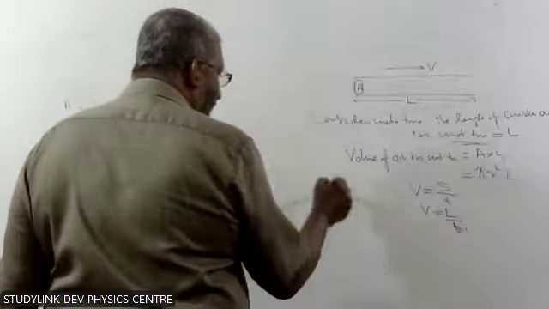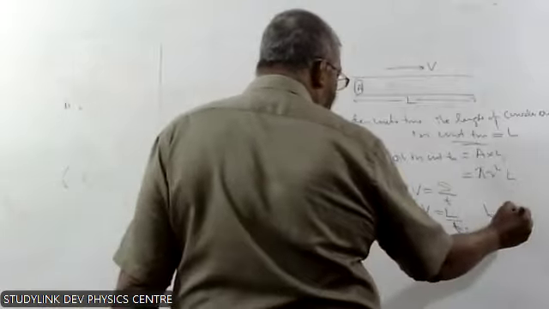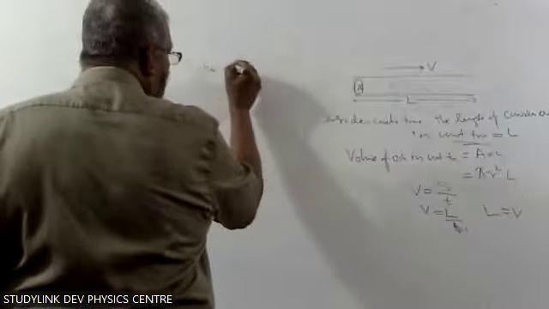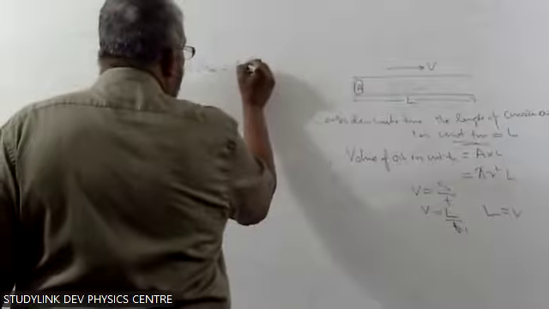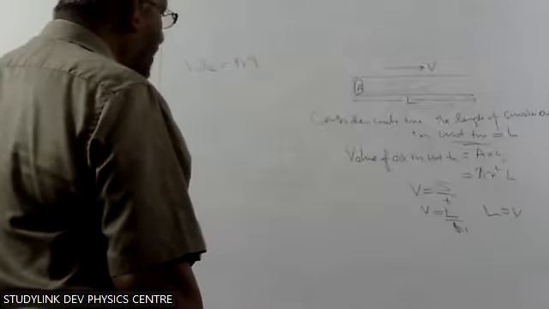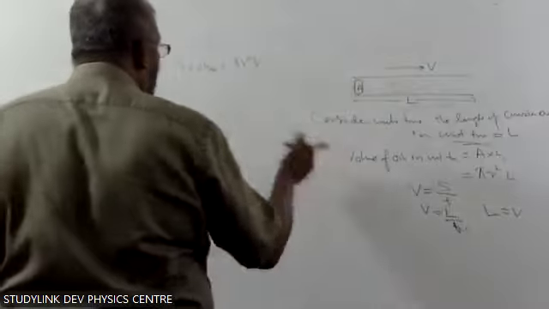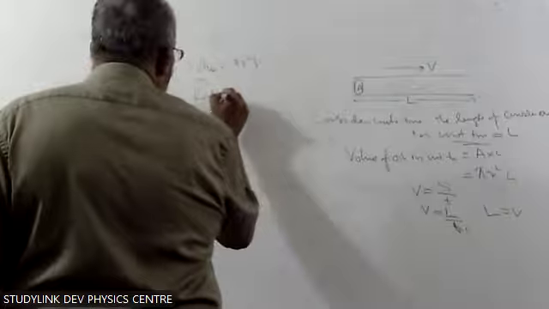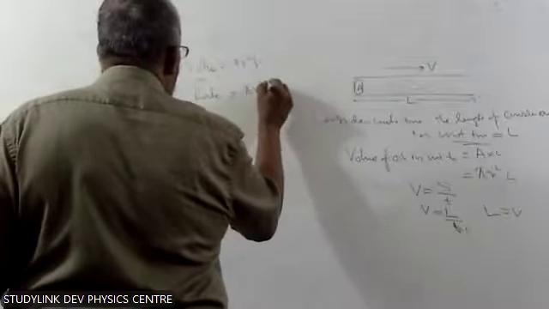Then L is equal to V. Therefore, volume is equal to pi r squared V. V is the velocity, for unit time. That means rate. Rate is pi r squared v.